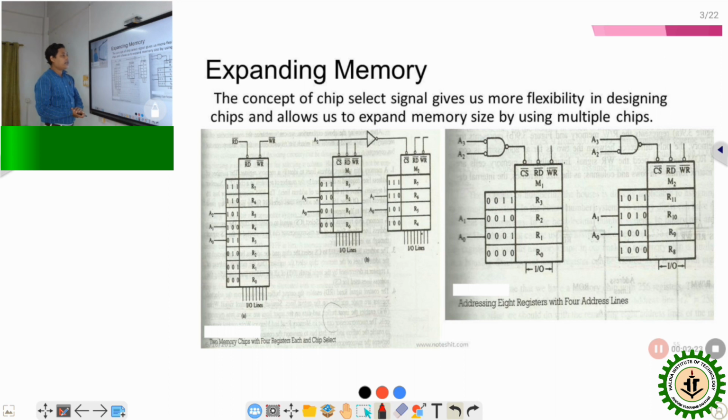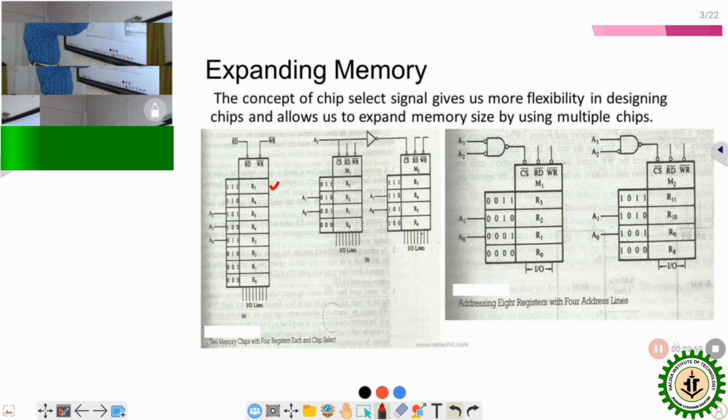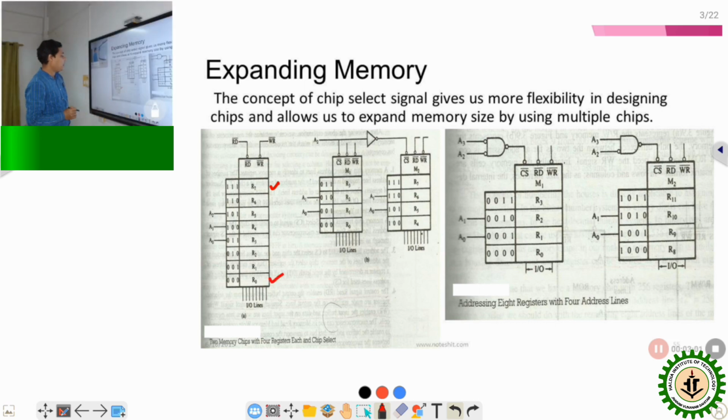So now let us expand the memory, because sometimes we require connecting multiple memory chips with the same system. How they can be connected, we will learn in this session. In this picture we have taken a very small memory. We need to constitute R0 to R7, that means 8 memory elements.